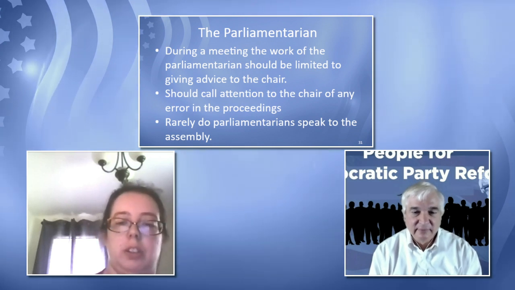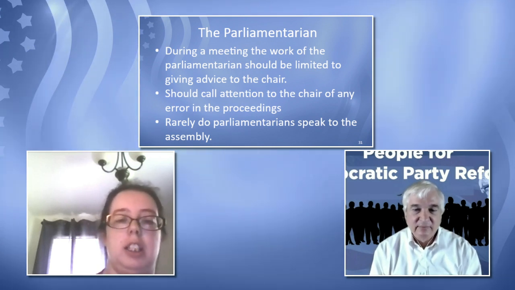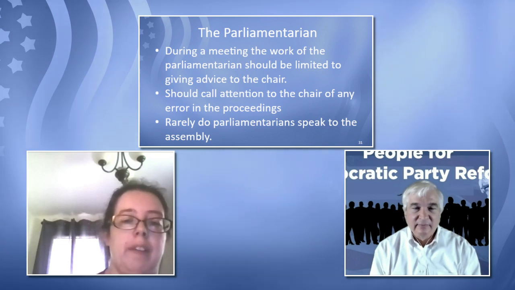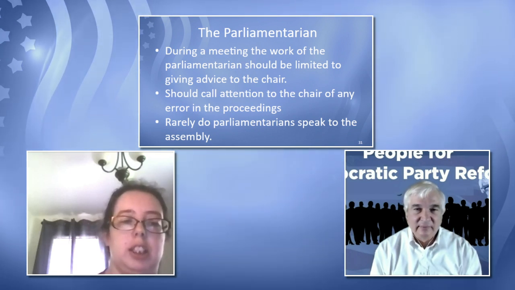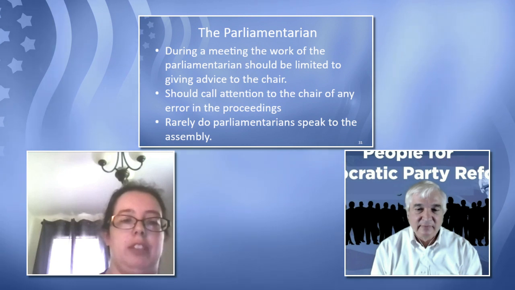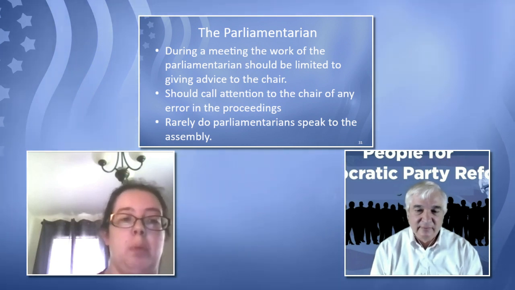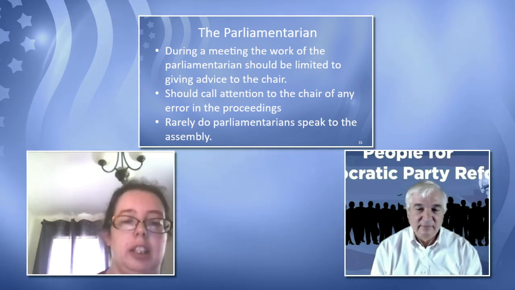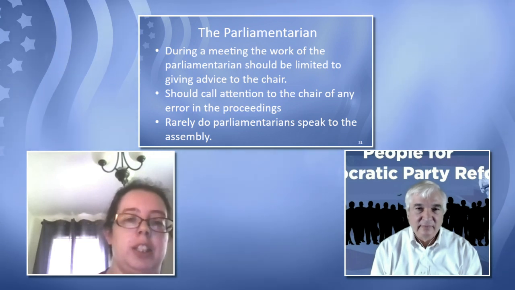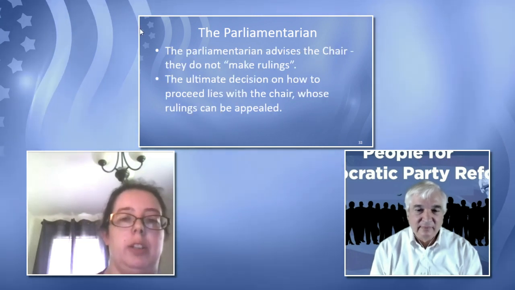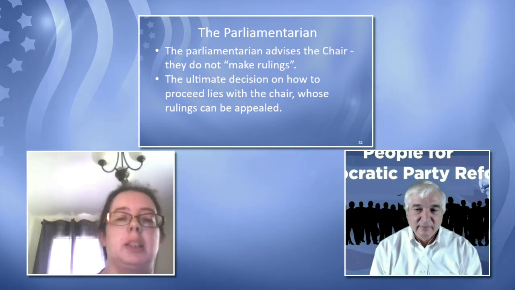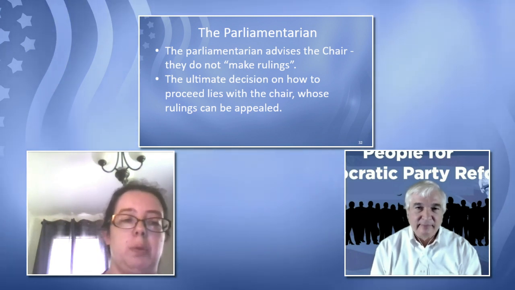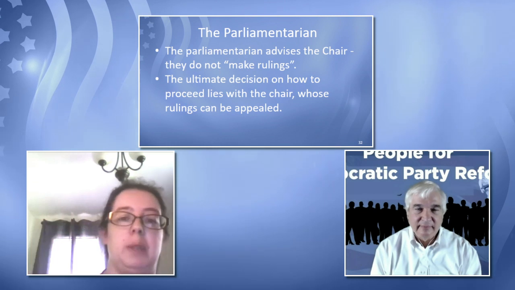So you let the chair know if there's any error in the proceeding. Very rarely do I talk to the assembly directly. If requested that I do so, I'm more than happy to do that. It depends on the organization, and if a member has requested that I explain my reasoning, then I'm perfectly willing to do that.